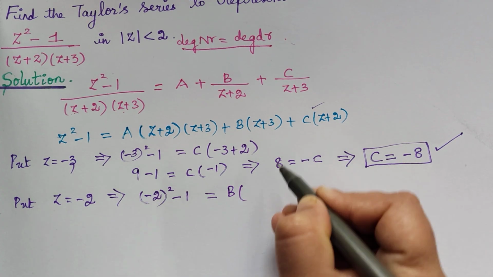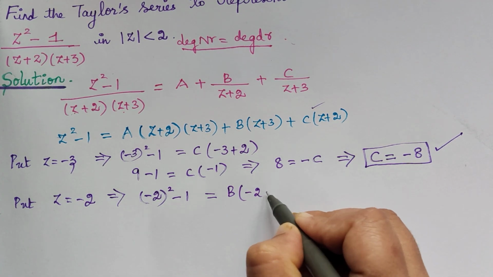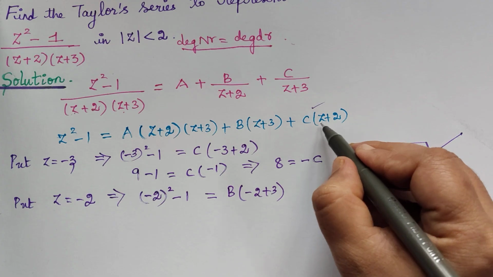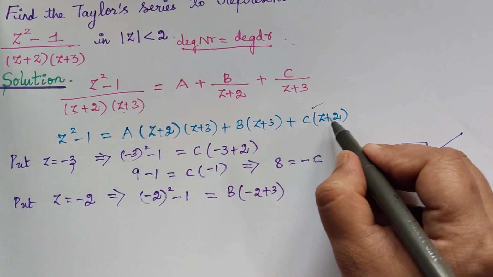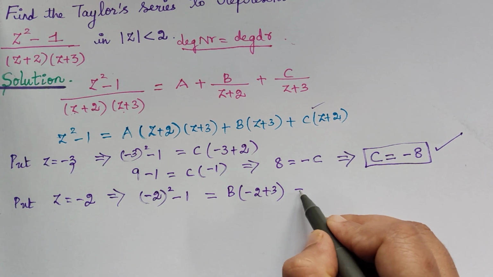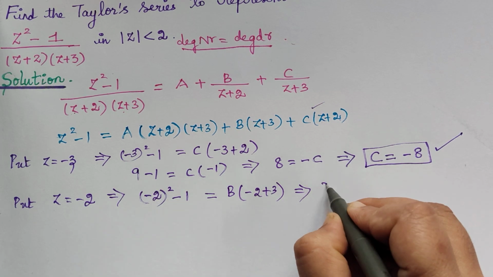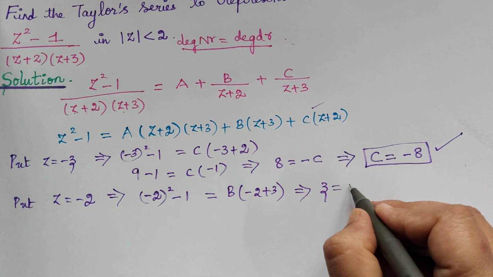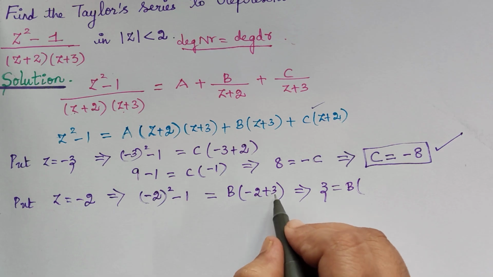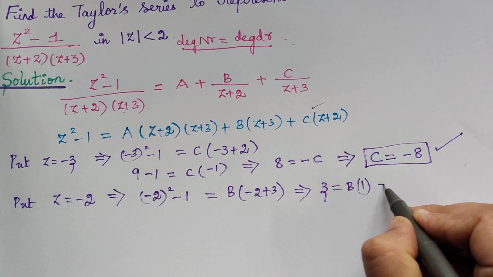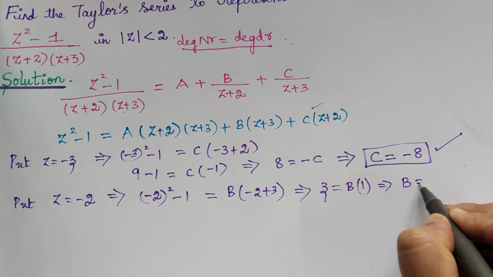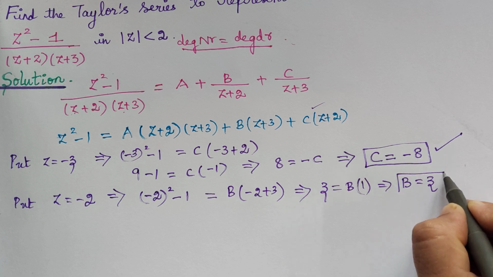So b multiplied with minus 2 plus 3, and c, this also becomes 0 because minus 2 plus 2 is 0. So from this we get minus 2 square is 4, 4 minus 1 is 3, equal to b multiplied with minus 2 plus 3, which is 1. So therefore we get the value of b to be equal to 3.